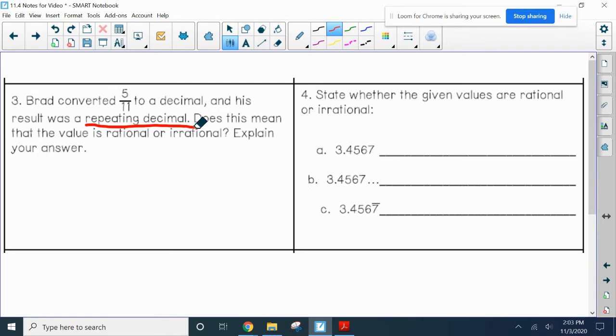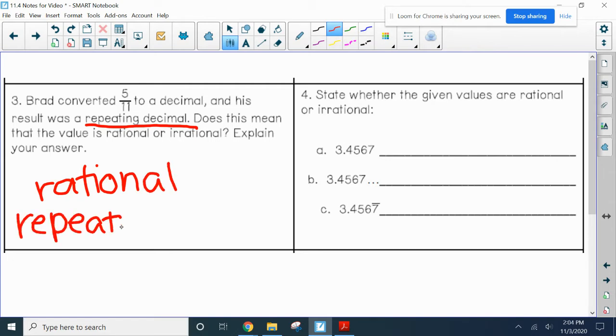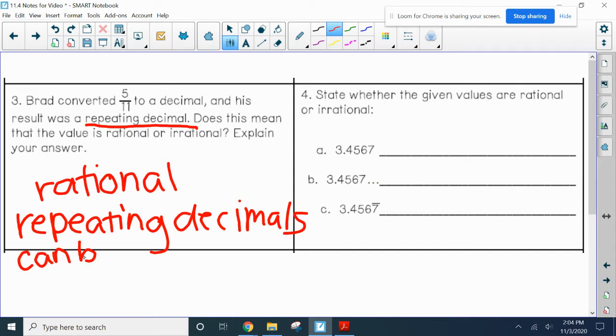So you can say it can be turned into a fraction, or it's a repeating decimal. Repeating decimals can be written as fractions. So yes, this is rational because repeating decimals can be written as a fraction.